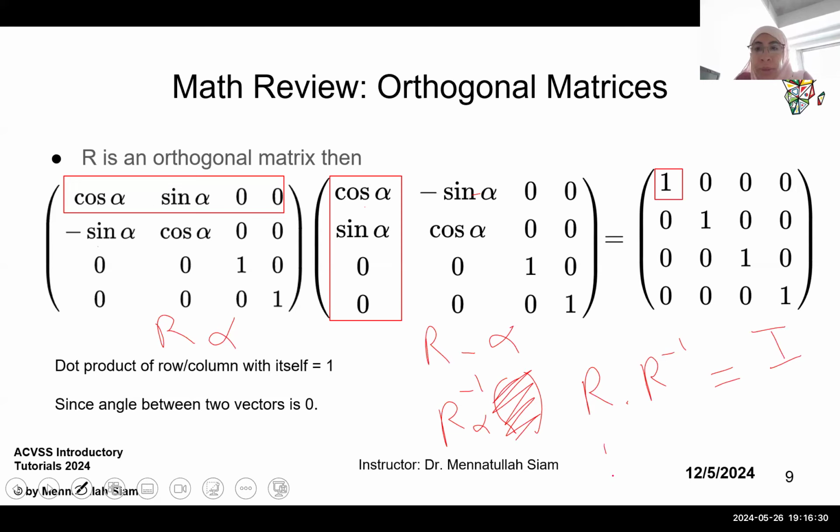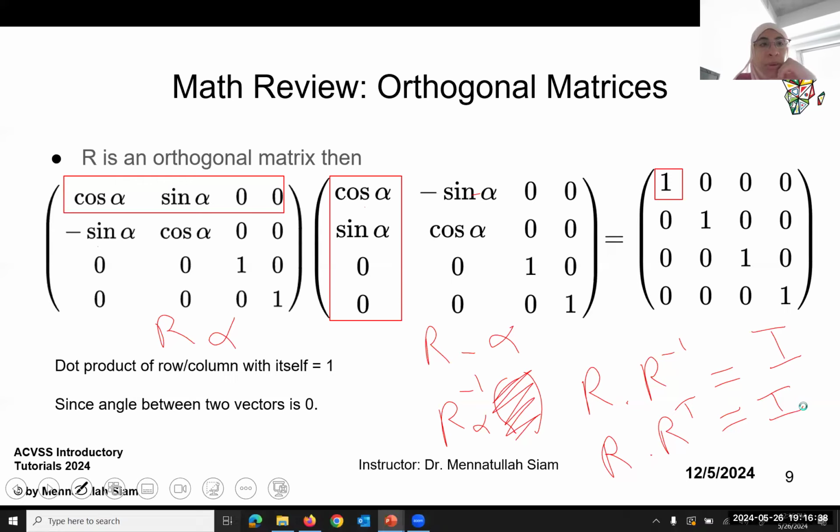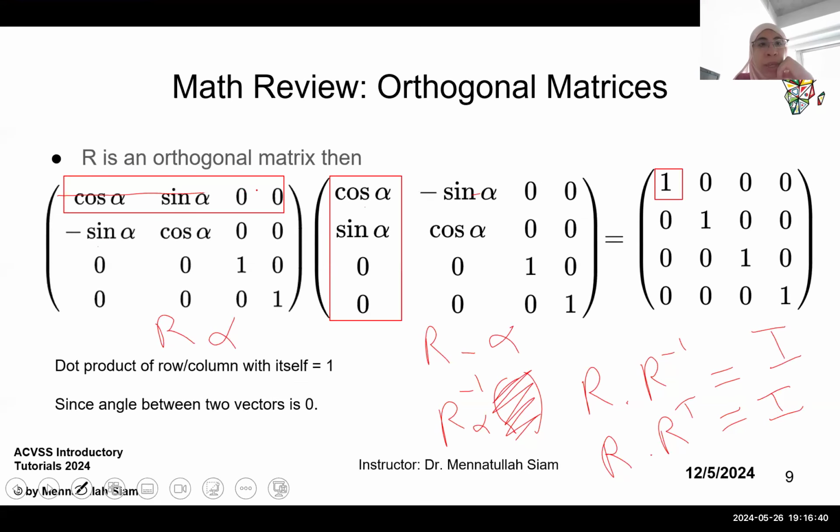With an orthogonal matrix, if you take R and R transpose, you will also expect identity, because they are orthogonal, right? If you take any row here and do a dot product with this column, if it is itself, it will be 1, but otherwise, because they are orthogonal, it will just be 0. Because the dot product of two orthogonal vectors is just 0.